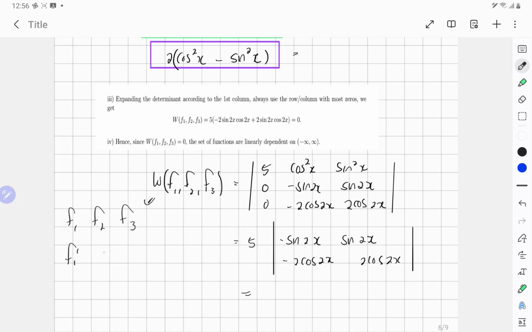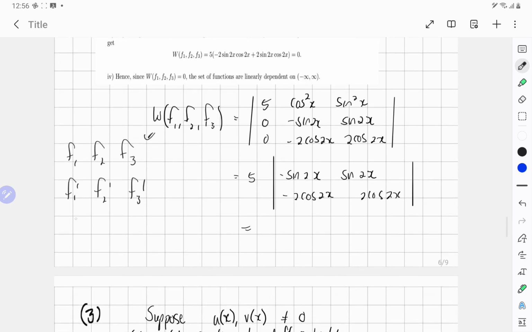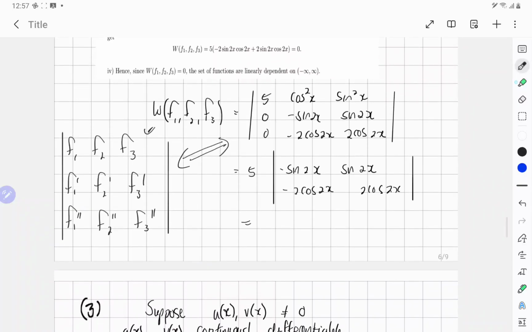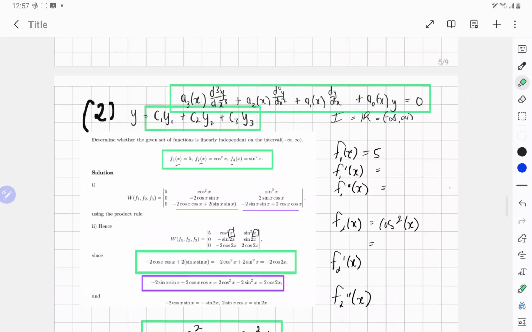In the second row, we will have F1 prime, F2 prime, F3 prime, the first derivatives. And then in our third row, we will have the second derivatives. So, what do we need? For each of these functions, we need the first and second derivative.